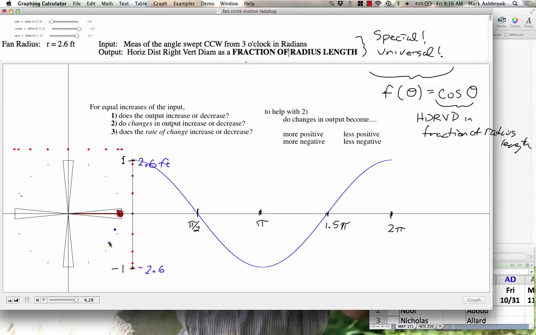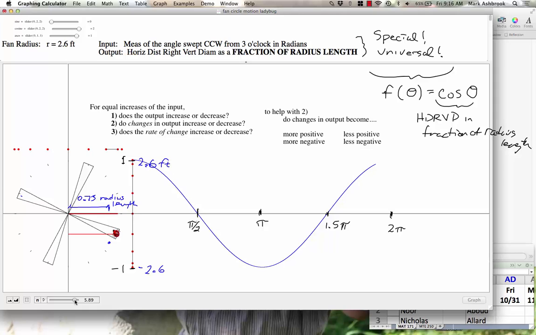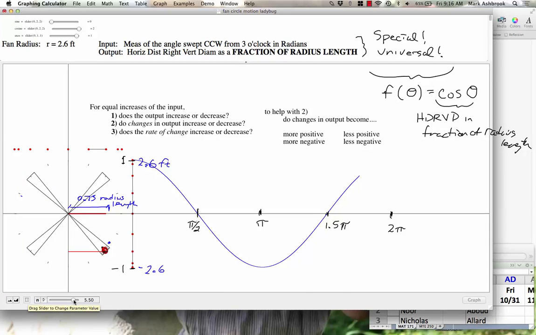Okay, and so say here, this is 3/4 of a radius length right here. Okay, so say this is where the bug is, right here. Close enough, okay? So somewhere around here, say this is 3/4, that says 0.75.